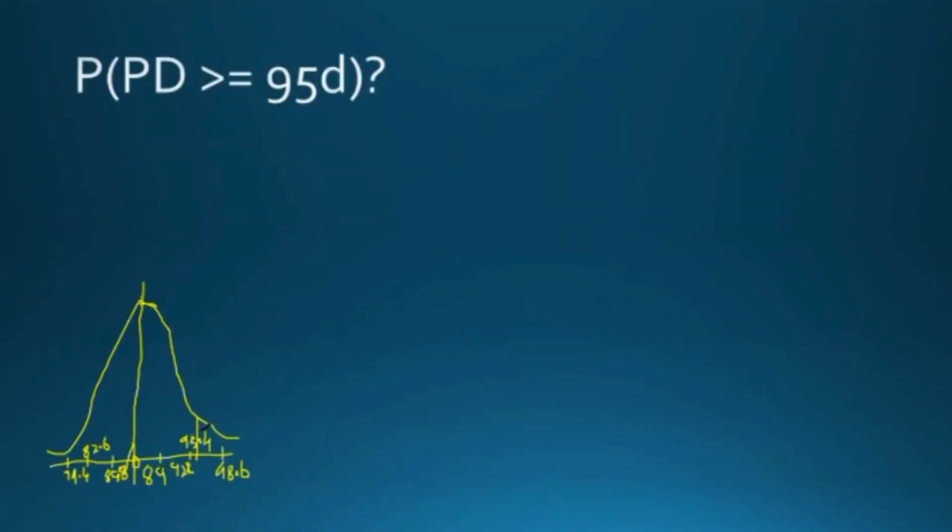Greater means after this, to the right side of the curve. Correct or not? 95 and more is the question. So beyond this 95, what my project duration probability is, this is what I need to find. Correct or wrong, friends? Yes, sir.